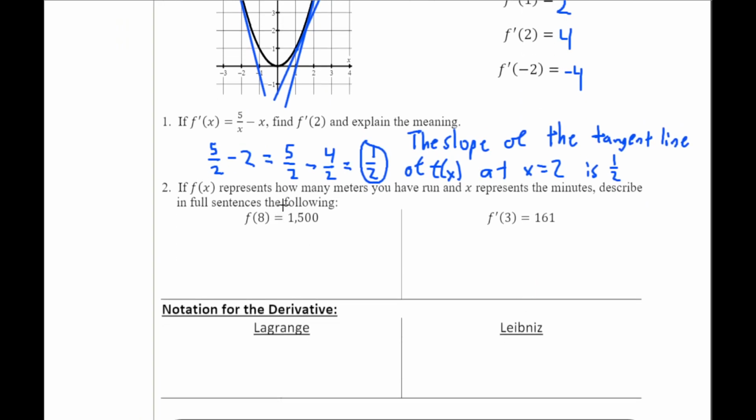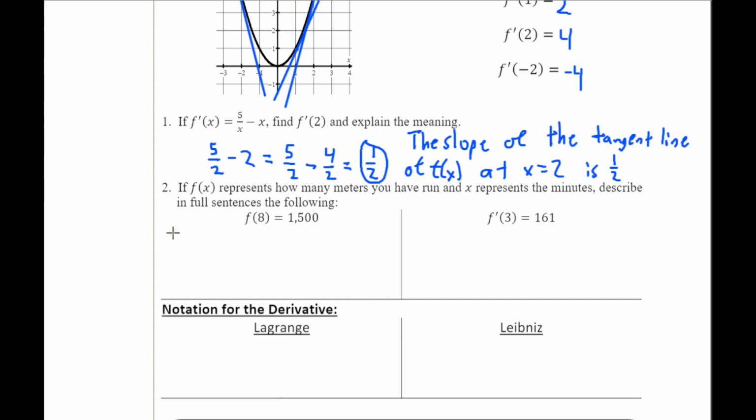If f of x represents how many meters you have run and x represents the minutes, describe in full sentences the following. You're going to be tested a lot on the difference between the original function and what the derivative means. So, f of x represents how many meters you've run, x represents the minutes. So this is just the original function.